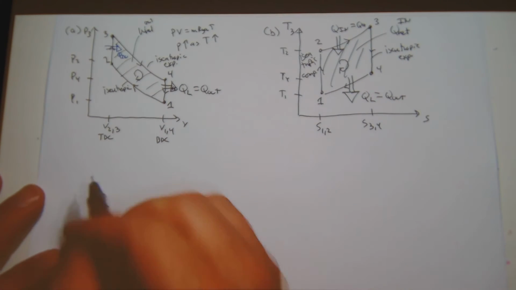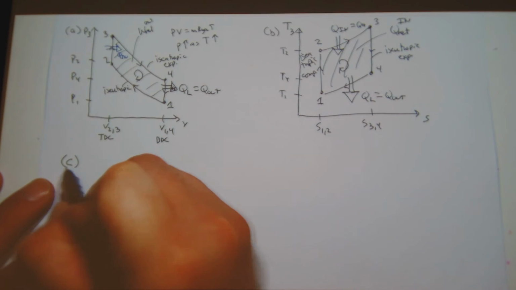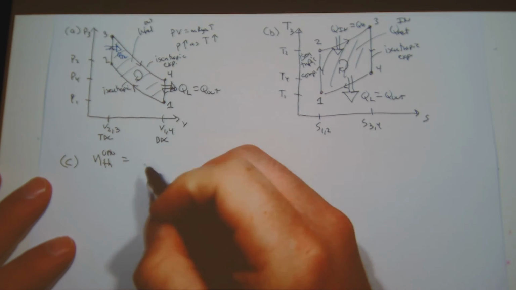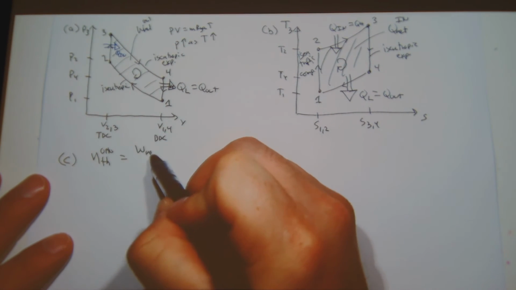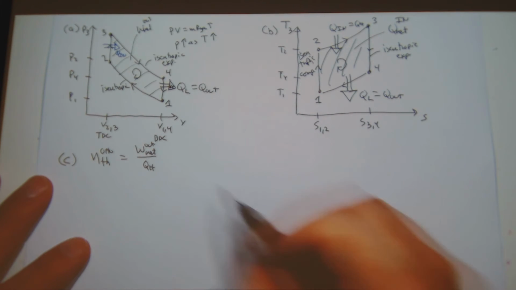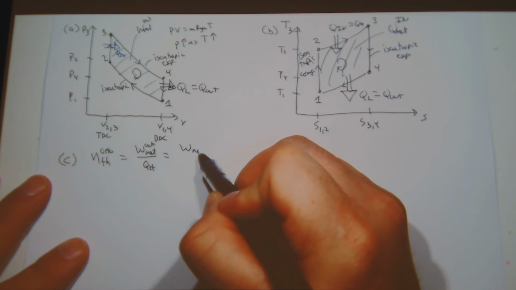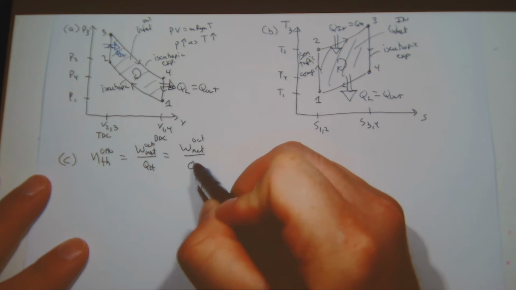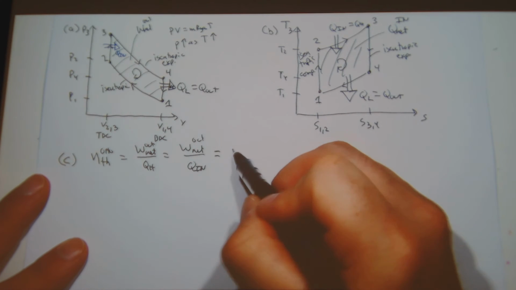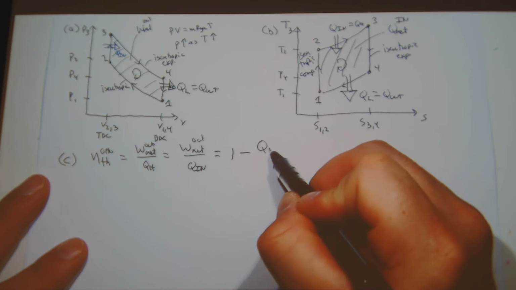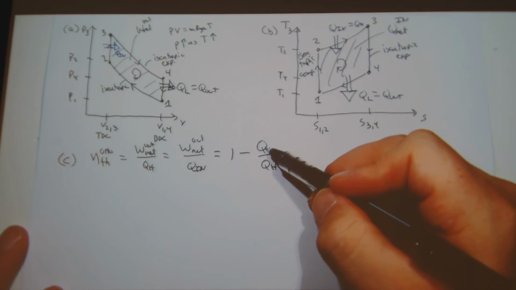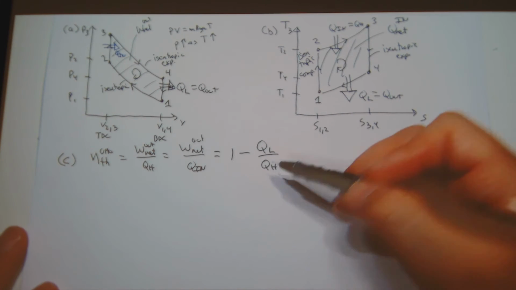So let's do part C. Thermal efficiency, Otto, which is equal to the work net out over QH, which is equal to work net out over QN, which is equal to 1 minus QL over QH, where that represents the heat out, the heat in.